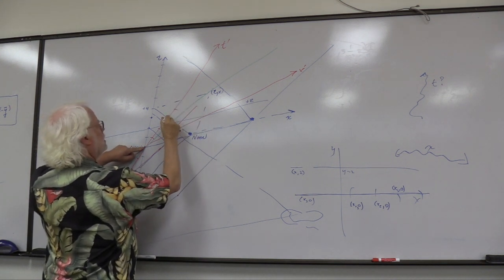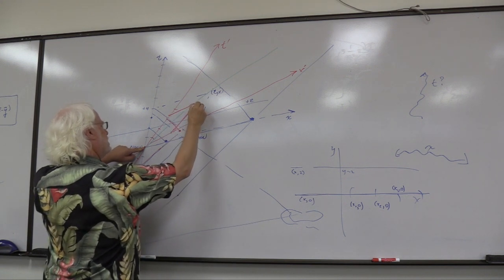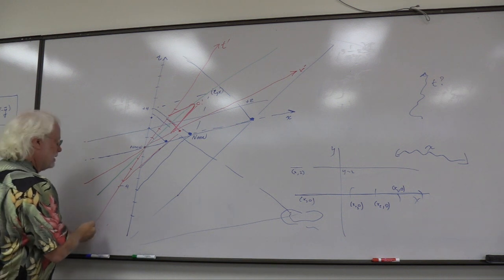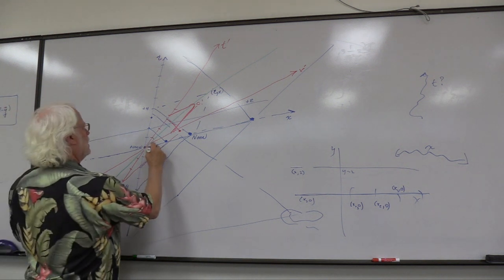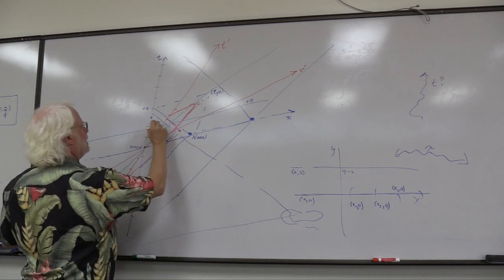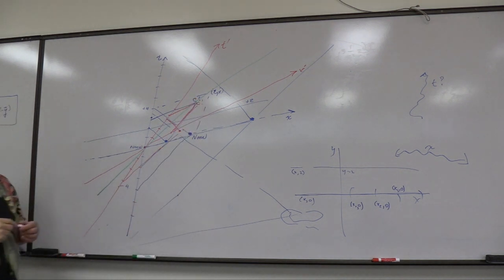let's see, we construct something like this, and those two are equal, and he says, oh, speed of light. And Davis does the same thing, comes out here and says, okay, speed of light.